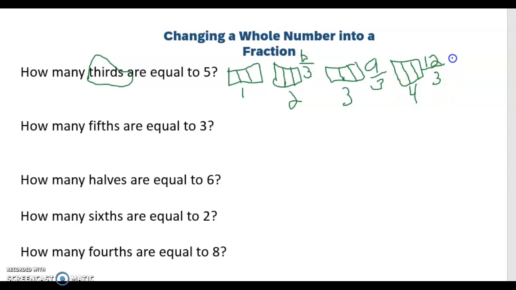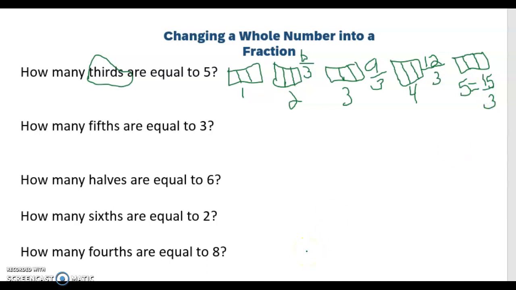The last one is going to get us to 5 wholes. 12/3 was over here, so what's next? 13/3, 14/3, 15/3. So 5 equals how many thirds? 15 thirds. Very good.